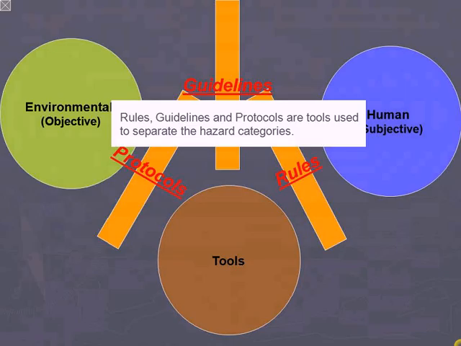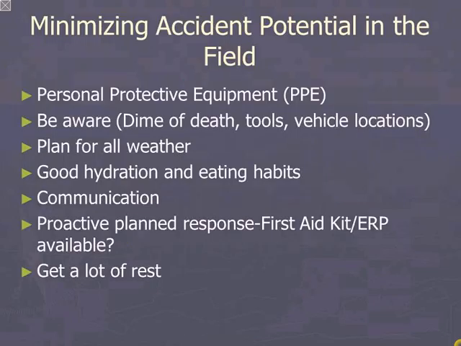Just to give you some ideas on things to do to minimize accidents in the field, whether that's wearing long sleeves to avoid getting bitten by mosquitoes or wearing heavy boots, personal protective equipment is a way to protect yourself. Be aware of anyone who's swimming.